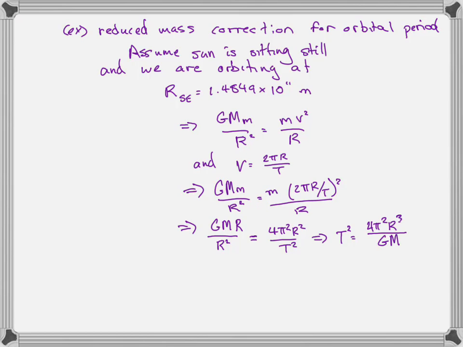And so let's go ahead and assume that the sun is sitting still. If the sun is sitting still and we're orbiting at the average distance between the Earth and the sun, you can figure out the period, and you can just look this up.